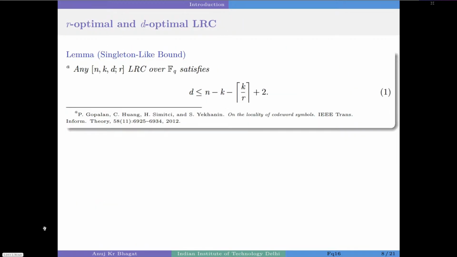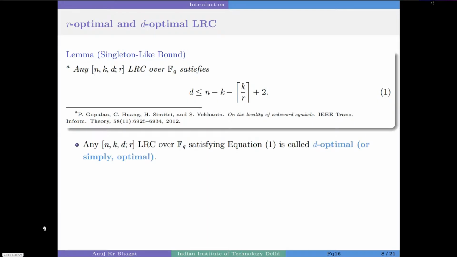So this is the singleton-like bound for an LRC, and any LRC achieving this bound is termed distance optimal, and an (n,k,d,r) LRC is said to be r-optimal if there is no (n,k,d,s) LRC for all s less than r.